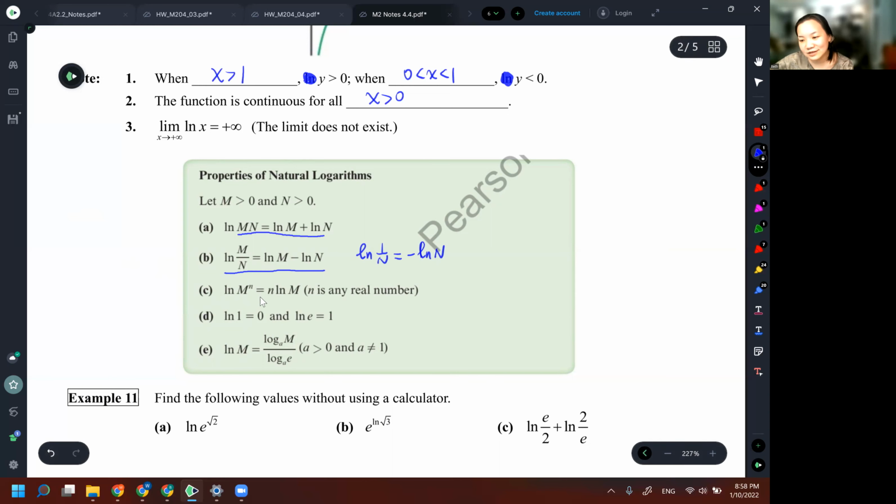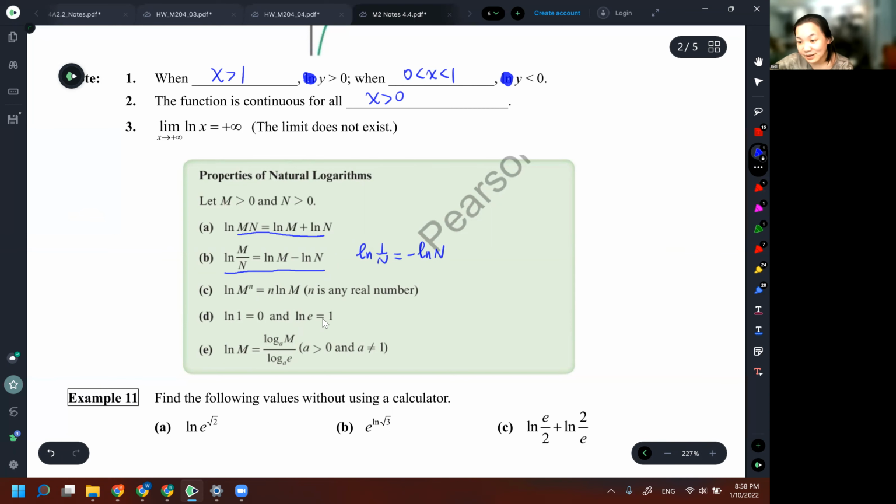This is also true. Now this one you can take out the power and put it in front as a coefficient. Still works. And log 1 equals 0 still exists.